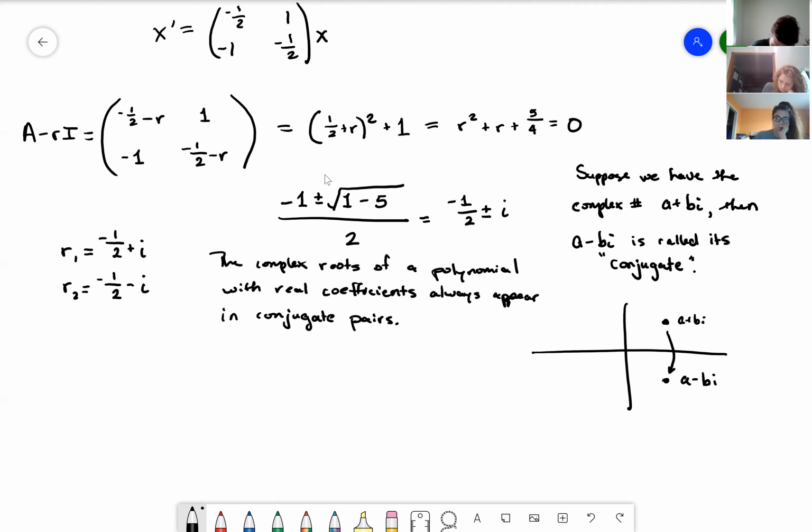So you saw we had a polynomial here with real coefficients. And in this case, it's a quadratic, so it will always have exactly 2 roots up to multiplicity. So we have our 2 roots here, and in fact, they appear as conjugate pairs.